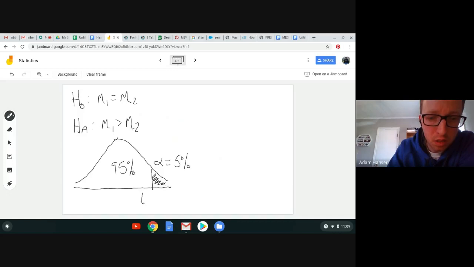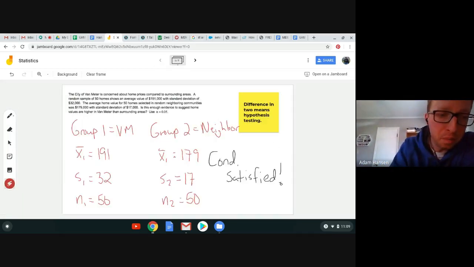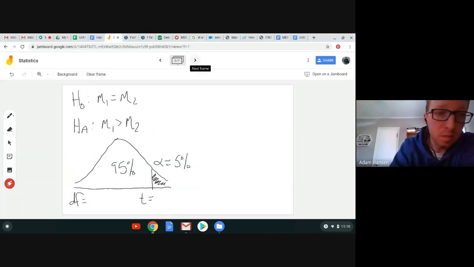What is the t-score that cuts off that top 5% from the remaining 95%? Once again, it's worth noting that I have a specific number of degrees of freedom. The degrees of freedom is sample size 1 plus sample size 2 minus 2 for the two independent samples. So 50 plus 50 minus 2 makes 98.